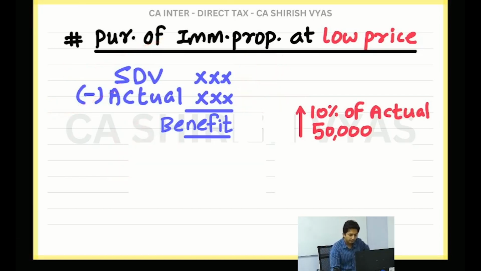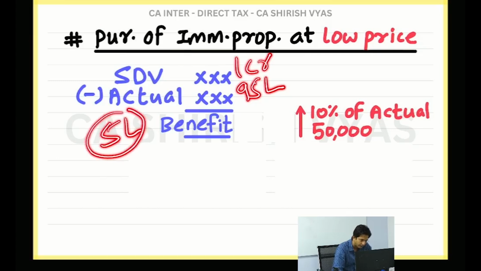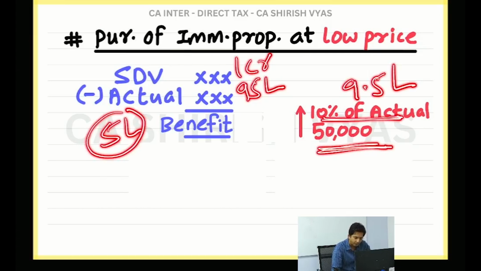Compare it with 10% of actual and 50,000, whichever is higher. So what was 10% of the actual price? Wait, let me write again. This was 1 crore, this was 95 lakhs, and the difference is 5 lakhs. And here 10% comes to 9 lakh 50,000, correct? And the second amount is 50,000. And then what does this arrow mean?